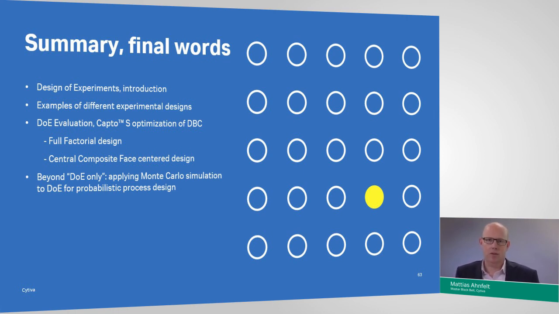We also evaluated the residuals for normality to see if whatever the model could not predict was following a normal distribution or not. And we saw that on the full factorial design, we had a systematic structure in the residuals. We had a strong curvature.